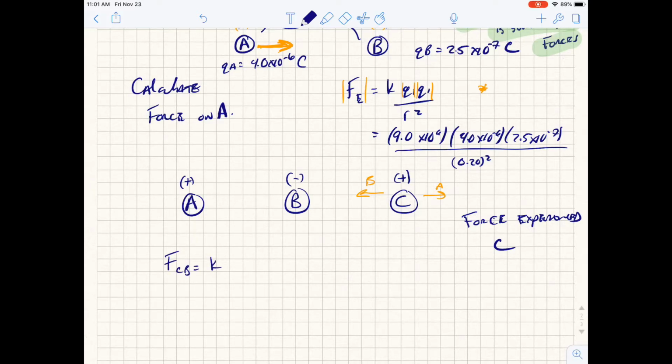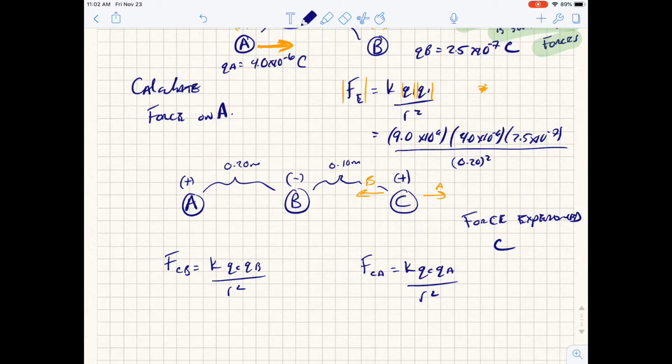That's going to be K QC QB divided by the distance between them. Then we calculate the force on C due to A, which is equal to K QC QA divided by the R between them. This was 0.20 meters, and let's say the distance between C and B is 0.10 meters.